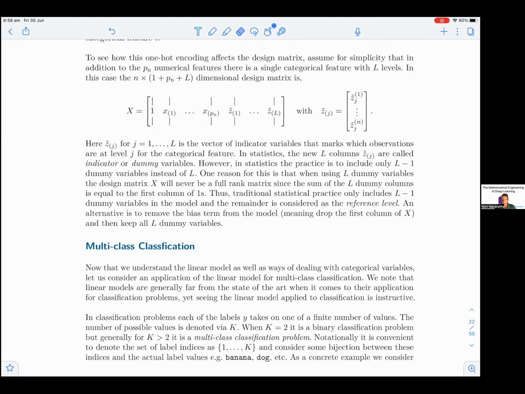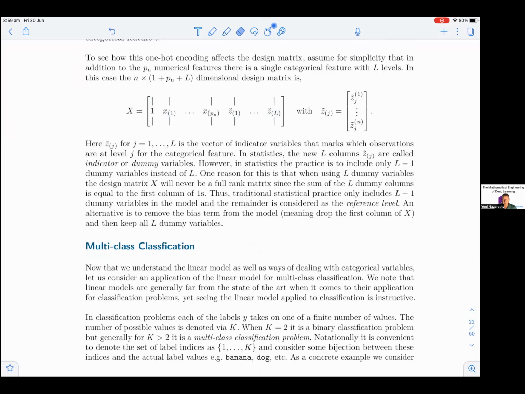However, in statistics, the practice is to include only L-1 dummy variables instead of L. One reason for this is that when using L dummy variables, the design matrix X will never be a full rank matrix, since the sum of the L dummy columns is equal to the first column of 1s. Thus, traditional statistical practice only includes L-1 dummy variables in the model, and the remainder is considered as a reference level. But keep in mind, in machine learning, that's not so important, especially if you have P much larger than N, in which case X is anyway not full rank.